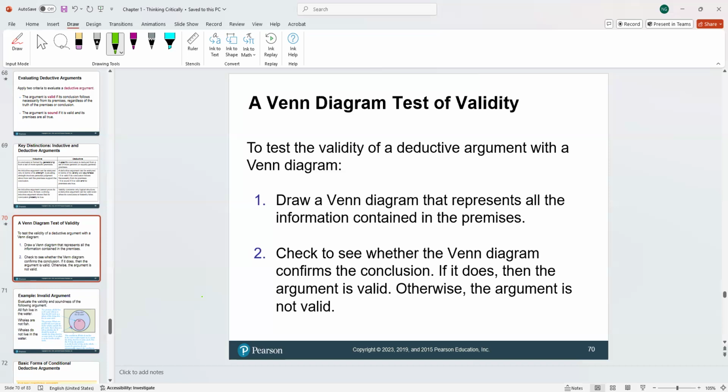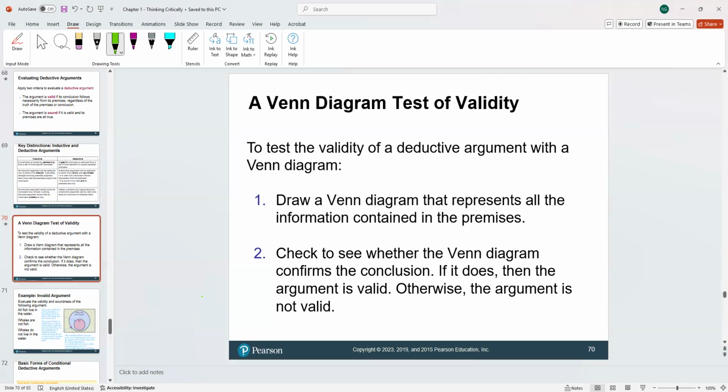We covered that in the previous video. If you missed it, please watch the previous one. What you need to do is draw a Venn diagram that represents all the information contained in the premises. Check to see whether the Venn diagram confirms the conclusion. If it does, then the argument is valid.